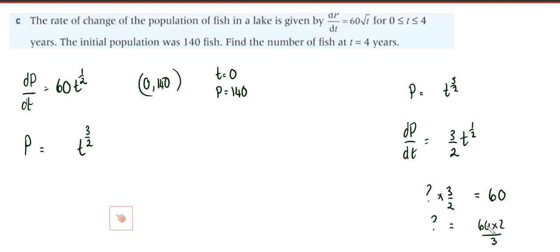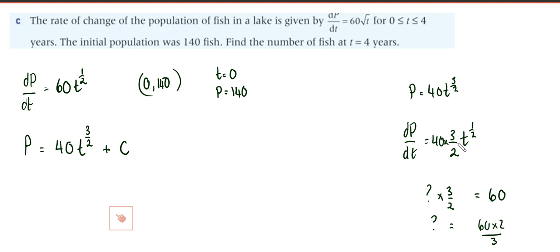40. 60 divided by 3 is 20, 20 times 2 if you do it that way. So I actually need a 40 times that, don't I? So then I need a 40 there. So that's what I'm going to have over here. 40, but it's going to be a plus C. By the way, there are going to be other ways of going through that bit that I just did, other ways that are more step by step. Do this, this is a formula.